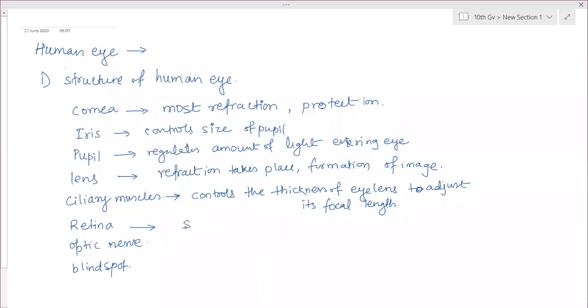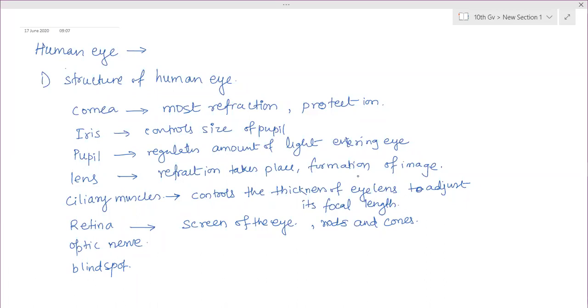Retina, the screen of the eye, consists of rods and cones. Rods and cones are sensitive to light, so they convert information into electrical signals, impulses. These are light sensitive cells.